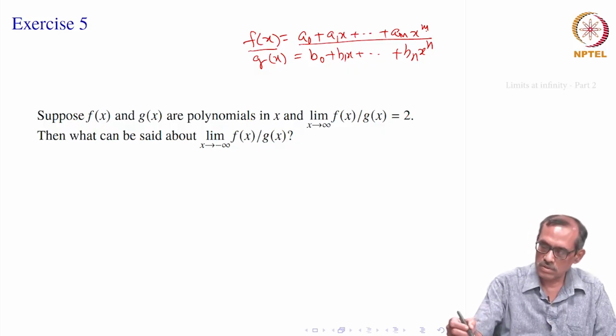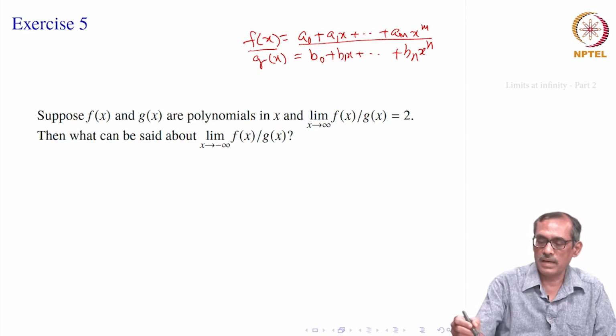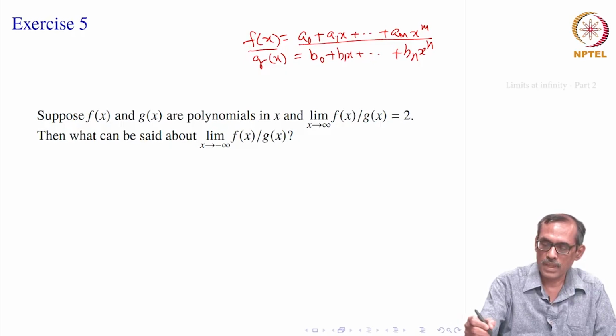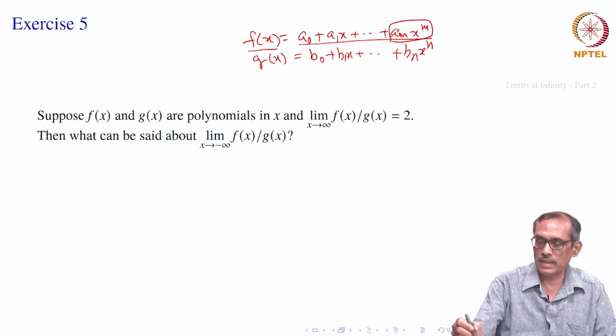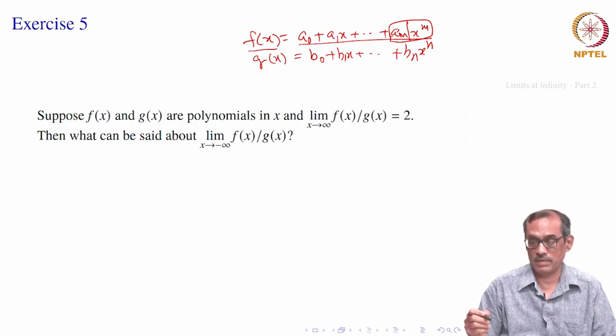So, suppose m is smaller than n, then if you divide by x to the power m, the top becomes a 1 x to the power 1 minus m and so on. So, everything goes to 0 except the last one remains, right. There is no x to the power m, it becomes a m, that is the limit as x goes to infinity when you divide by x to the power m.